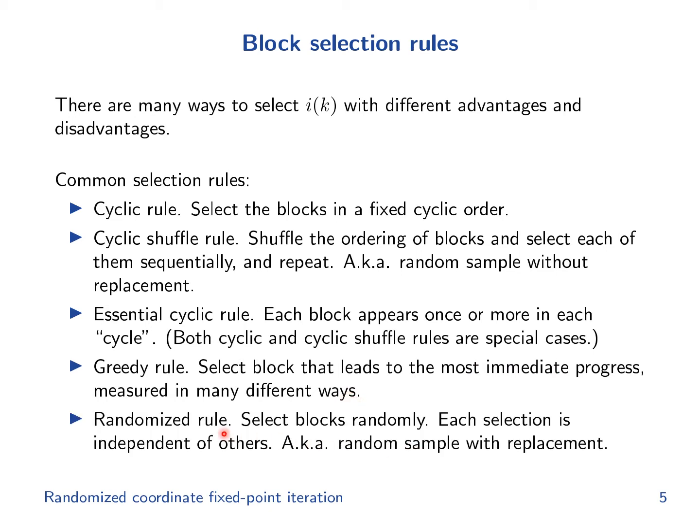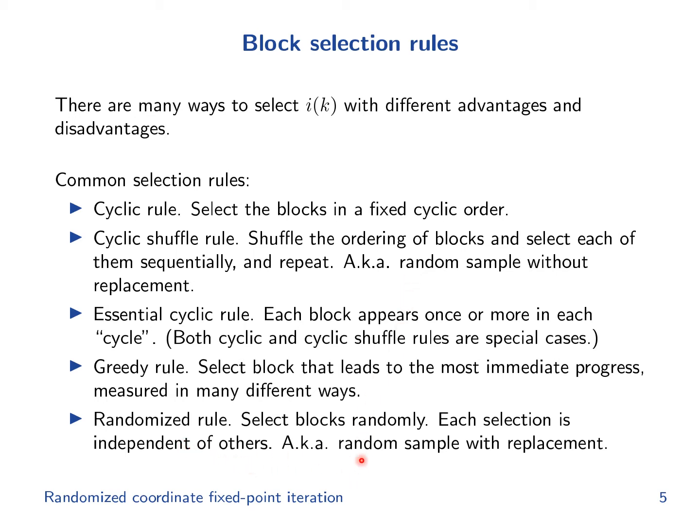In the randomized rule, we select the blocks randomly according to a certain distribution. Every selection is independent of the others. Let's compare it to the cyclic shuffle rule. This one does random sampling without replacement, which means it deliberately avoids selecting a block more than once in every cycle.